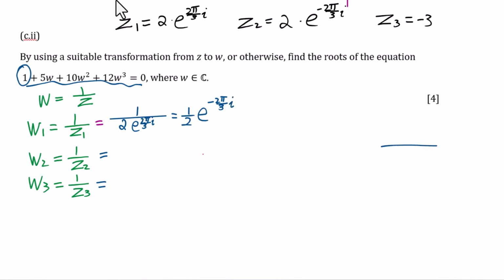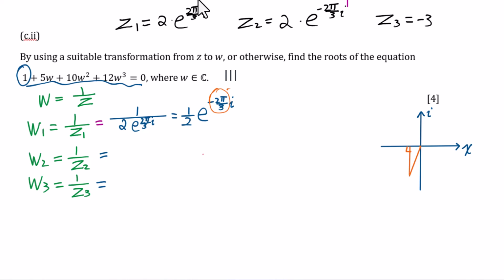Let's go to the Argand diagram. Negative 2 pi over 3 goes to the third quadrant. Since the reference angle is pi over 3, this line is closer to the y-axis.